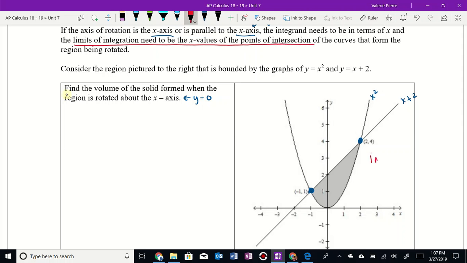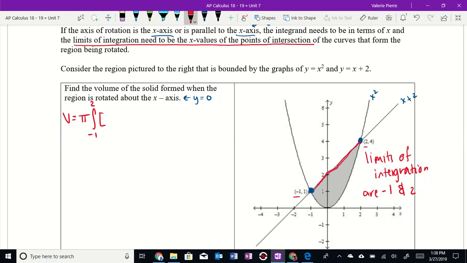Our limits of integration are -1 and 2, the x values from our points of intersection. So the volume equals pi from -1 to 2 of, we need the upper function.